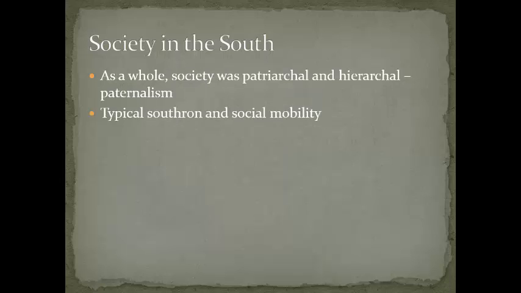That being said, society is patriarchal and even paternal, and this is kind of interesting because in the views of at least Southern men, slaves and women were very much the same. And the way that they were the same was they were viewed really as people who could not take care of themselves. We'll talk more about this a little bit later. But many slave owners actually felt they were doing the slaves a favor.